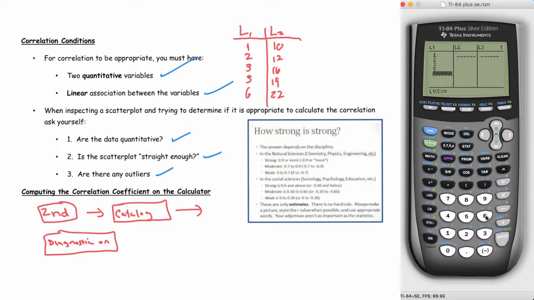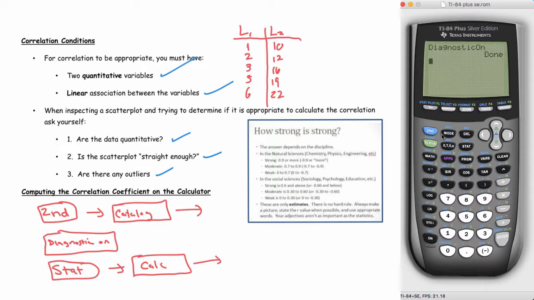Once you've done that, make sure you go to the quit screen, or the blank screen, and then you hit stat. You're going to go over to calculate. You're going to go down to linear regression, or LinReg. a plus bx is what it looks like.